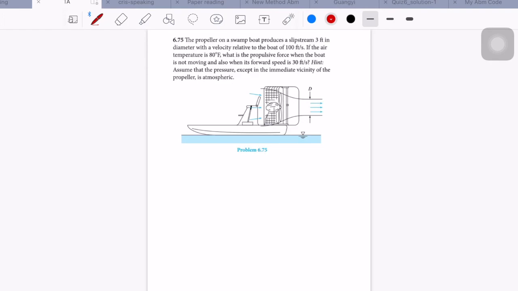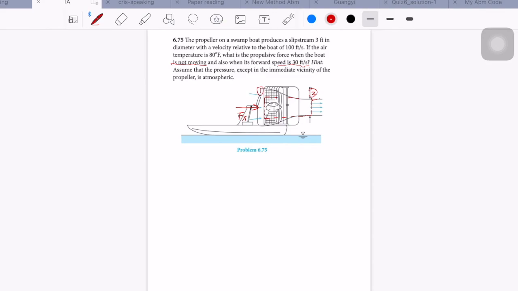So we finished this problem. For the last problem, we need to find the propulsive force when the boat is not moving, and the propulsive force when the boat is moving at 30 feet per second. So first we select the CV, and this is section 1, this is section 2, and we assume that propulsive force is to the left in the x direction.